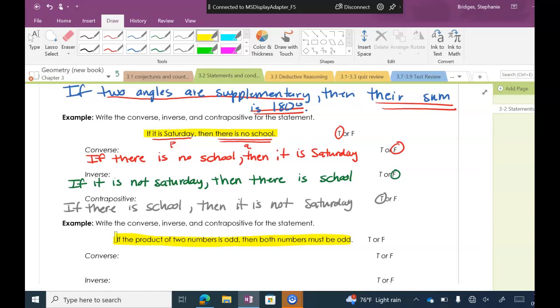Converse switches the hypothesis and the conclusion. The inverse negates the hypothesis and the conclusion. These are all from the original statement. And then the contrapositive switches and negates.